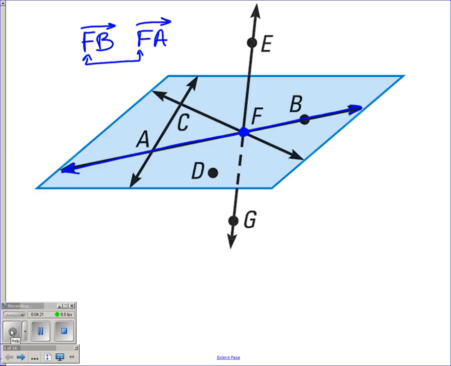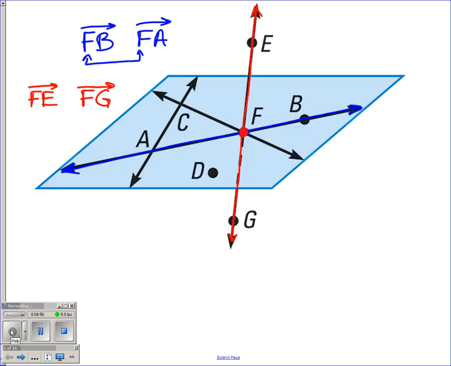Let's try another way. And again, we'll start with point F. If we go up on this line, EG, through point E, well, we have ray FE, but we could also go in the opposite direction, going down through G, and so ray FE and FG, these are opposite rays.